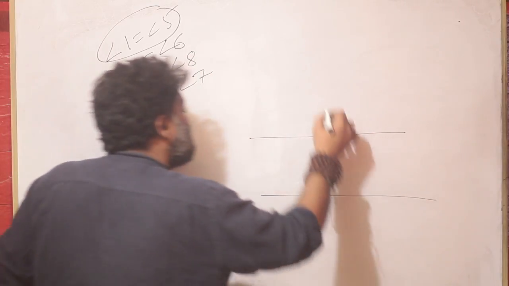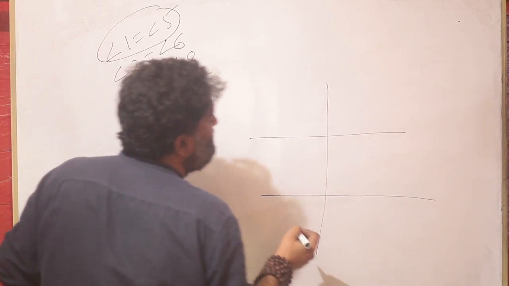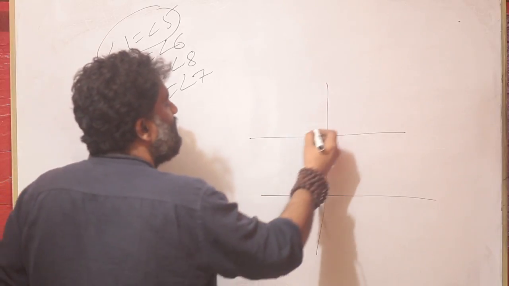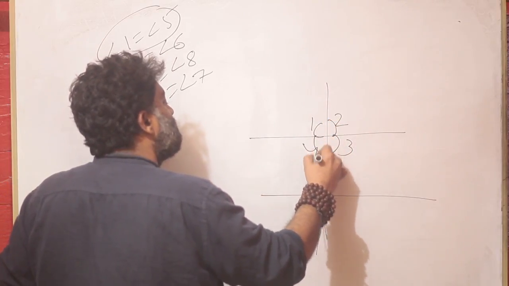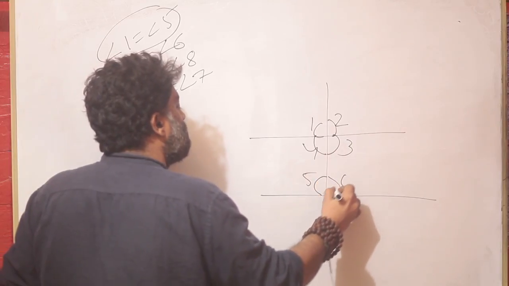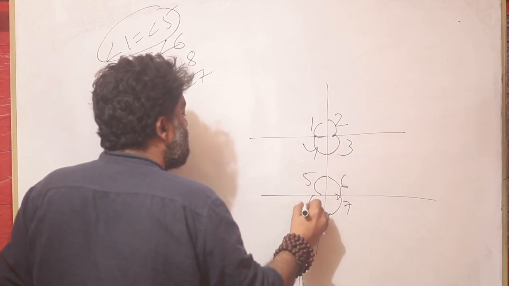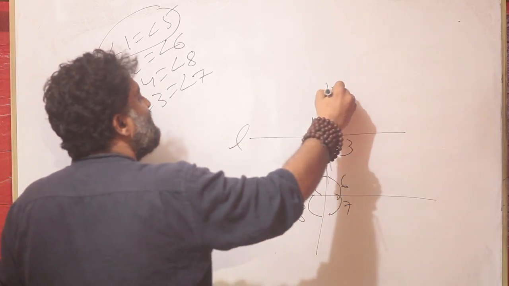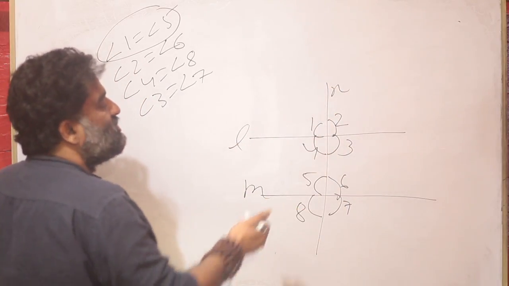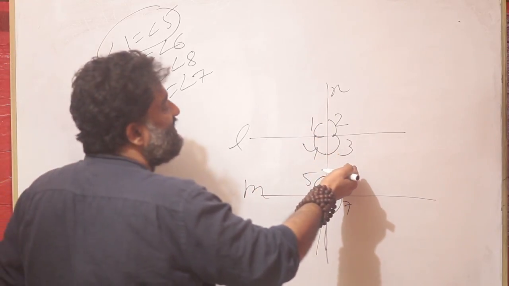Again, two parallel lines and the same transversal. So again two parallel lines L and M, and there is a transversal cutting across. So we have looked at corresponding, we have looked at alternate interior.